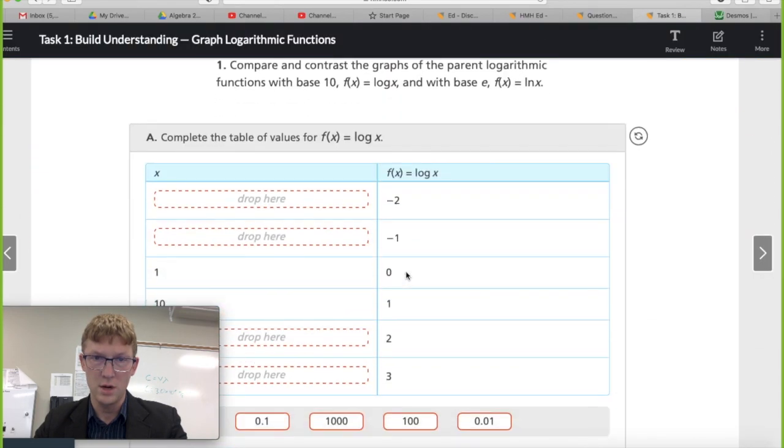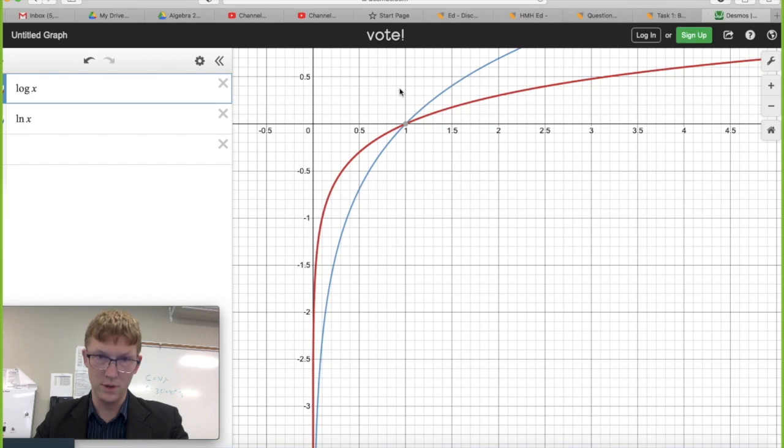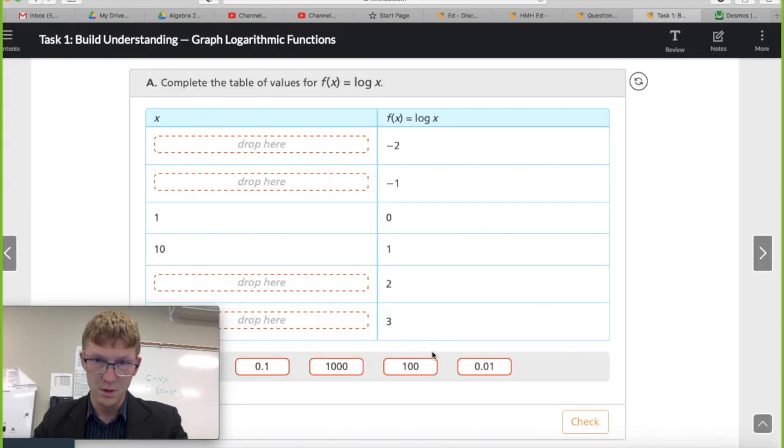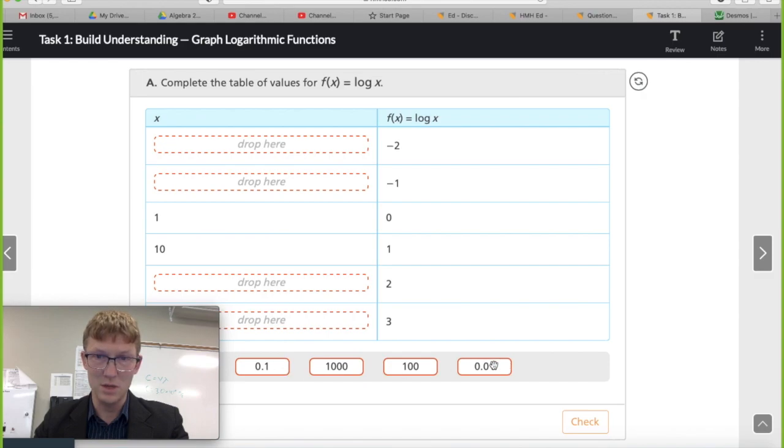This is our f of x over here, and this is our x. When does our f of x equal -2? Our -2 is at 0.01. The program is not letting me do any of this correctly, but this one is going to be 0.01 right here.